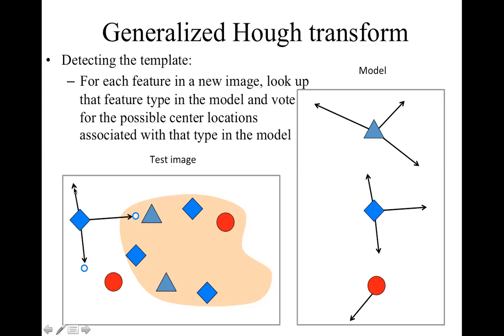Then you go to the triangle. The triangle in your database will vote for 3 possible locations, and so on. So from each landmark, you accumulate votes: from the diamond, from the red point, from the triangle, and from the diamond. In the end, you'll find that a cell representing the center of your template will accumulate a large number of votes, and this will localize your shape.